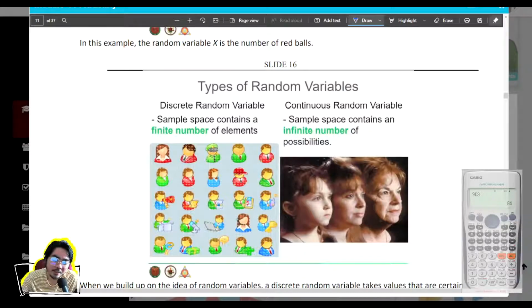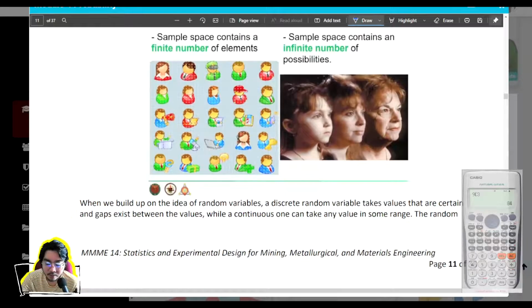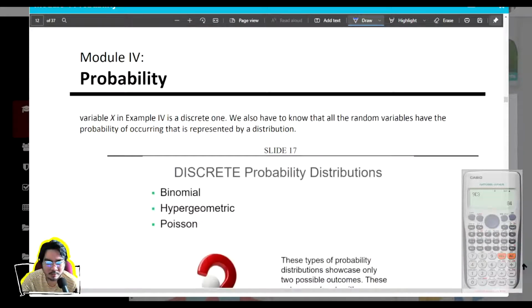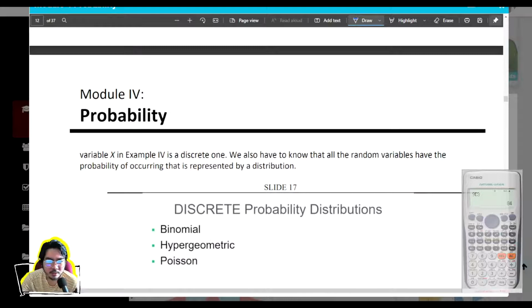Hindi ko pala na-send, pero i-send ko na lang doon sa Google Chat groups natin, may links tayo doon. Lagay ako ng links ng mga cool YouTube videos na pwede nyo panoorin para mas ma-appreciate nyo siya. Okay? So, meron ding about probability, maganda siyang video for appreciation.